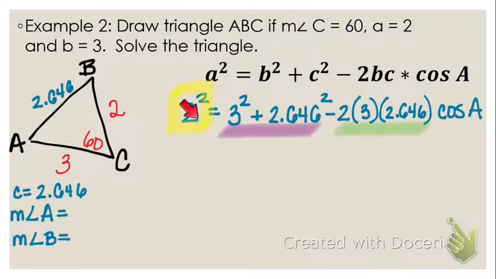So pick up your calculator. Well, we don't need a calculator for 2 squared. We know that's 4. Now type what I have underlined in purple. Type 3 squared plus 2.646 squared.